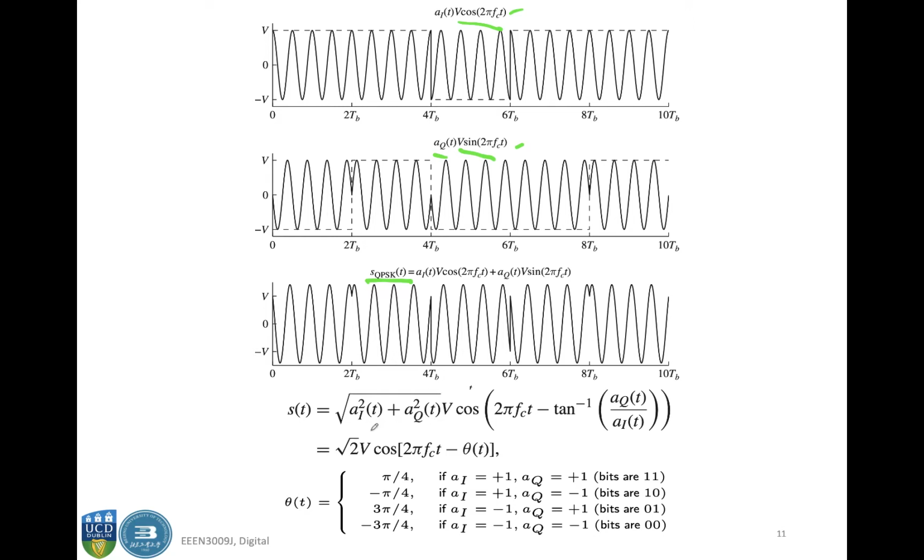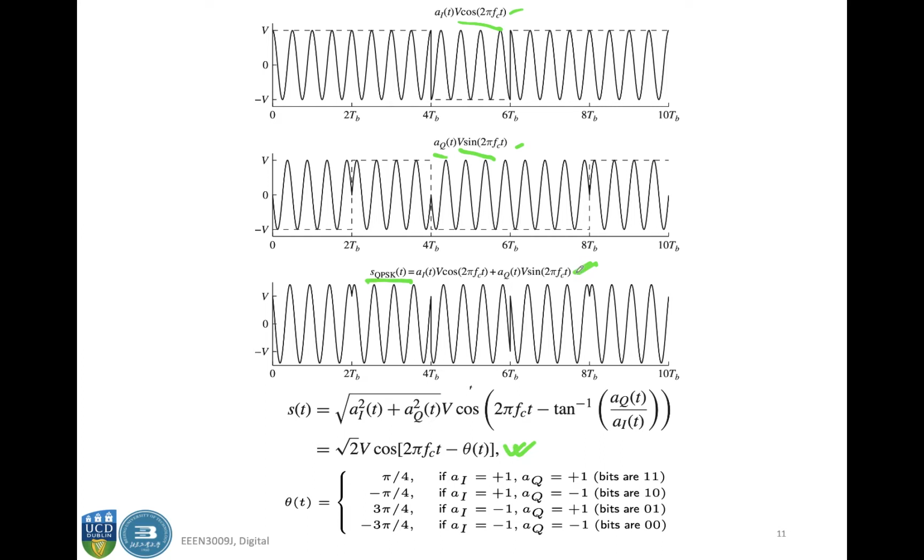So you can write s(t) as this. Also you can write s(t) in this format. This is the amplitude and phase representation, and this is the in-phase and quadrature representation.